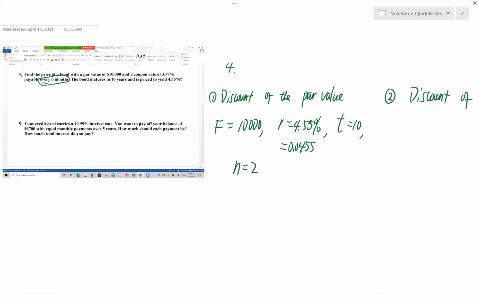Now we can use the compound interest formula: future value equals present value times 1 plus r over n to the nt. Now we plug in our numbers.